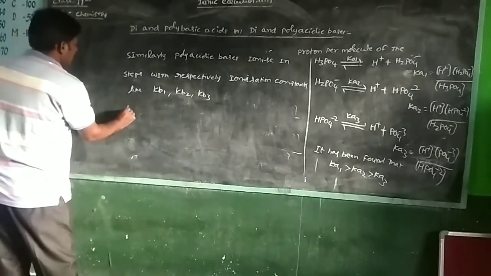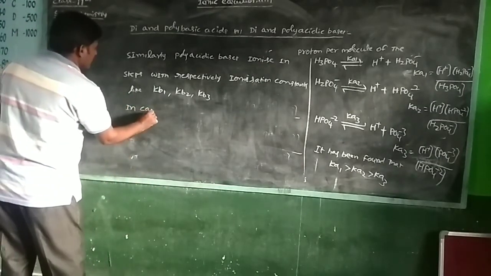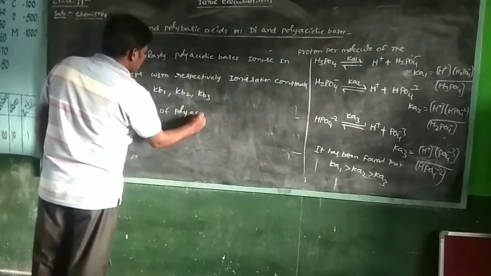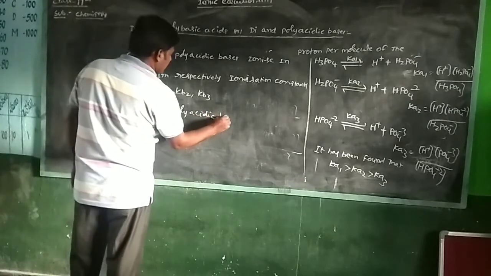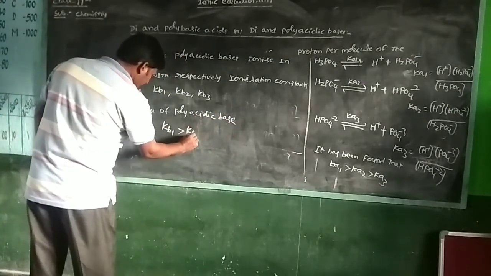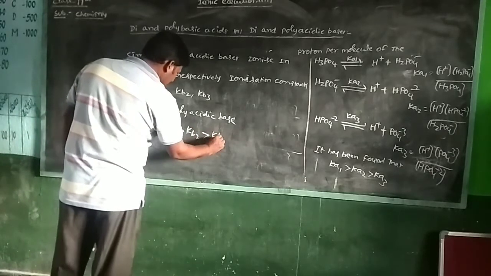In the case of polyacidic bases, the order is Kb1 greater than Kb2 greater than Kb3.